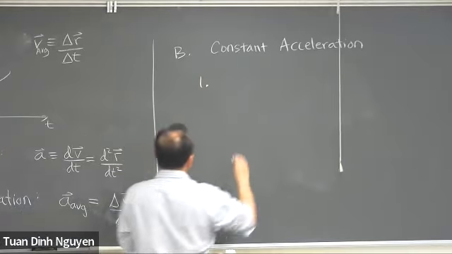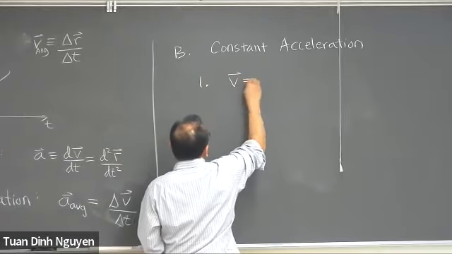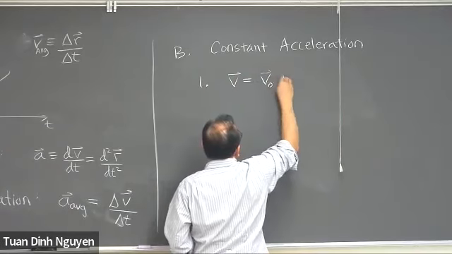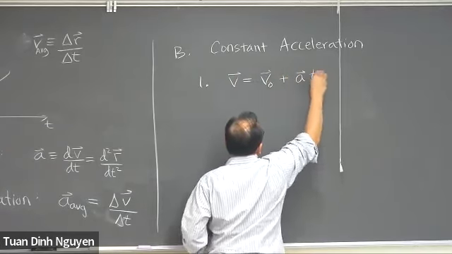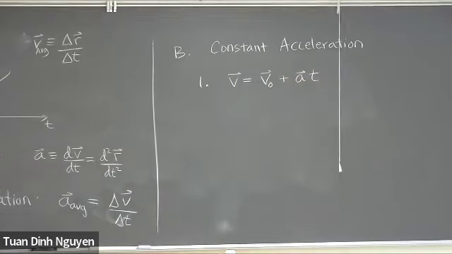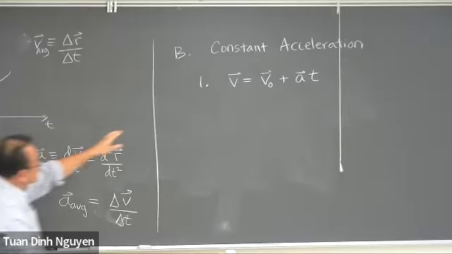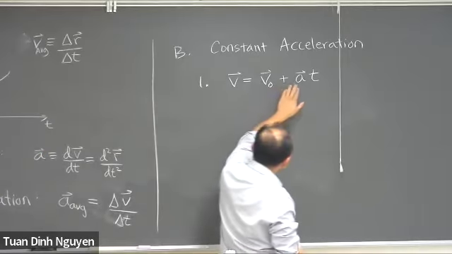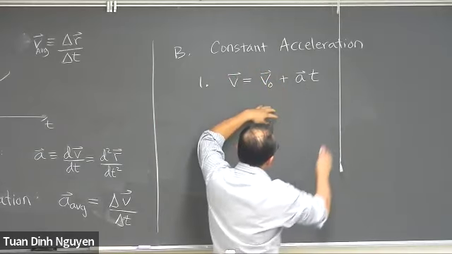I'll put it in vector form so that it's very general, but it's up to you how you want to use it. So if I say v equals v naught plus a t as vectors, I really mean three equations.